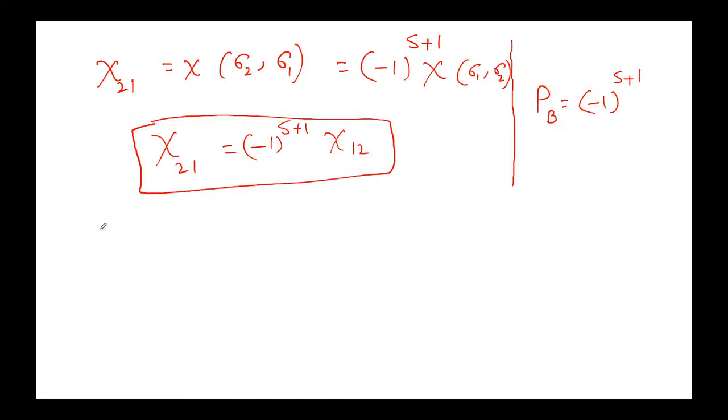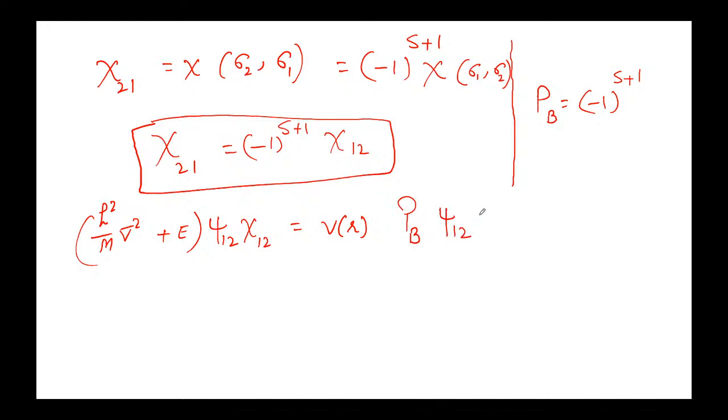And when we implement this in our Schrödinger wave equation, we can write the nuclear potential V(r), this is the Bartlett operator. This is our position dependence, and this is our spin dependence.